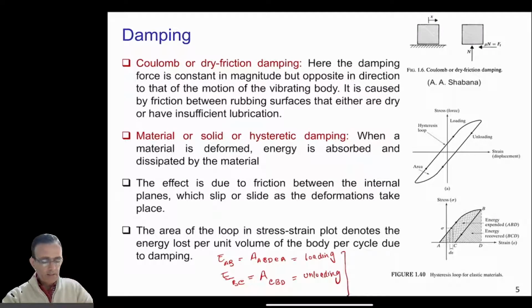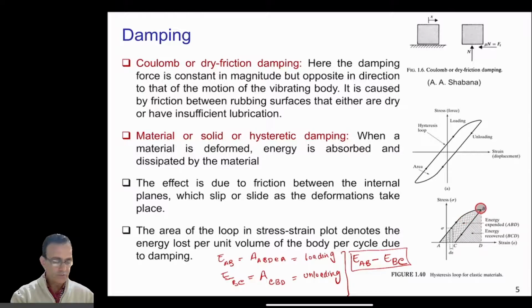Now we can see that the difference in the areas, that is the energy EAB minus EBC, this difference in the area is what we call this area inside the loop.